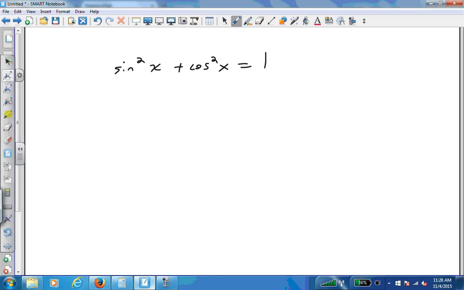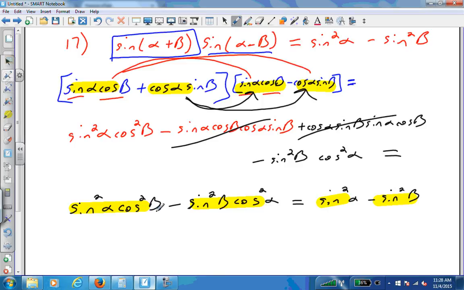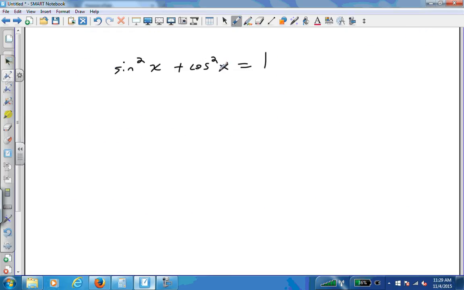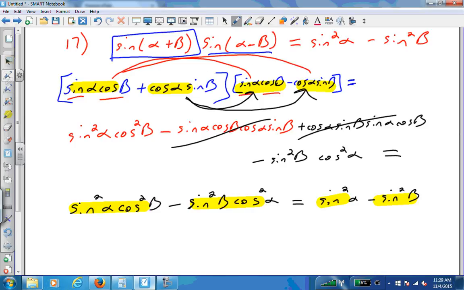So if we want to get rid of the cosine squareds, we can make a substitution. If we solve this for cosine squared, cosine squared is the same thing as 1 minus sine squared. So the right side is more simple, and it only has sines in it.